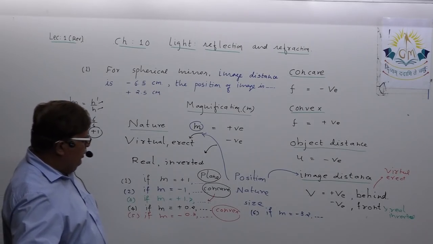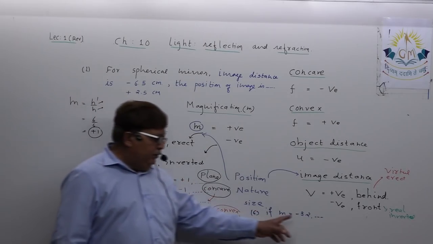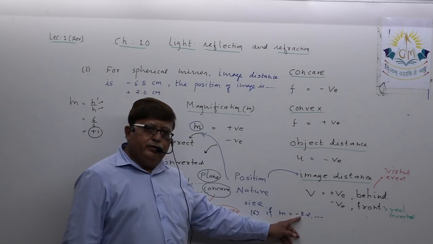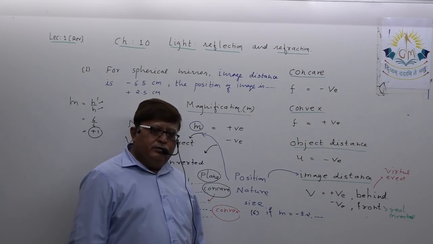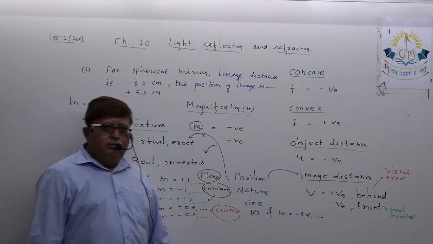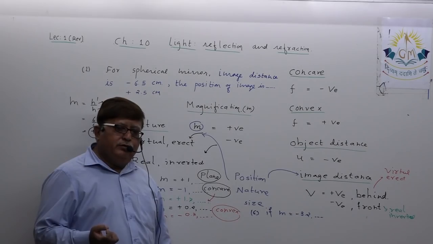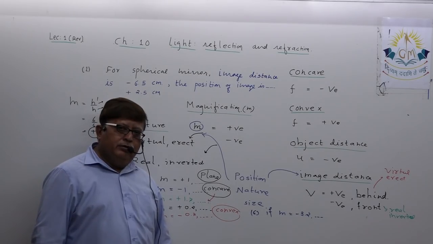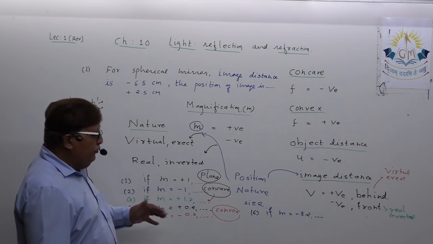The image will be, because negative, real, inverted, greater than 1, that means larger. The image type is real, inverted and larger. Which mirror can produce this image? Only concave mirror. Is it clear in your mind?